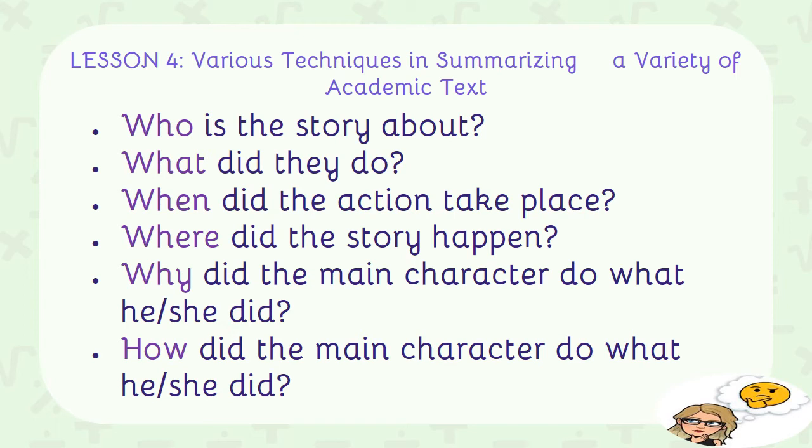So, bakit niya nga nagawa yung action na yun? And how did the main character do what he or she did? So, ito lang yung 5 W's and 1H. Ganito yung tamang pagpa-process niyan kapag bago kayo magsulat, gamit yung 5 W's and 1H bago kayo mag-summarize.